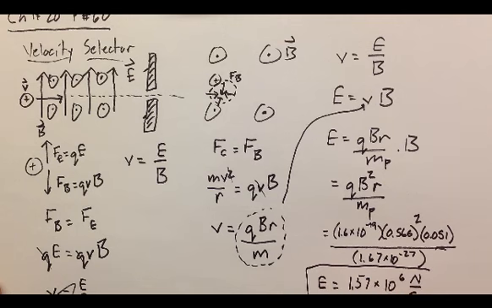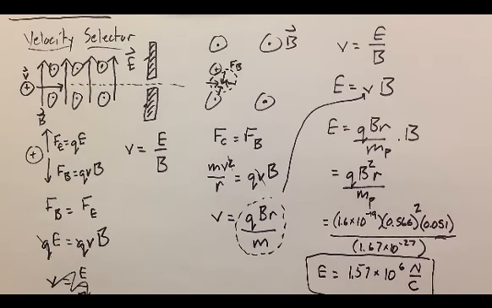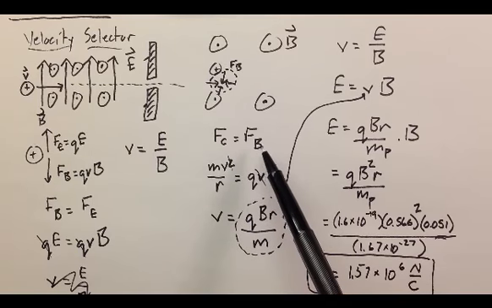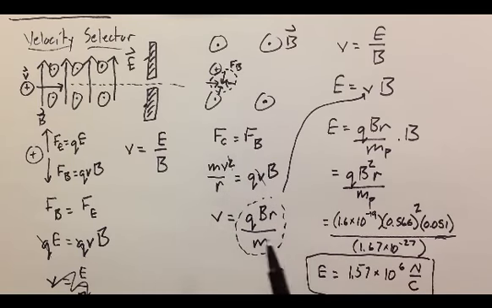All right. So let's review kind of what we did there. We knew that if the particle was moving in a circular path, the centripetal force would have to be equal to the force due to the magnetic field. We got an expression for how fast the proton must be moving based upon its charge, the radius of curvature, the magnetic field, and the mass.